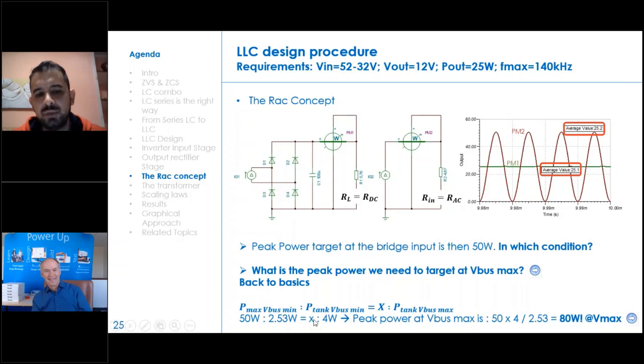So by simply using a proportion, you get that the peak power you need to target here at maximum bus is 80 watts. So 50 watts peak power, minimum bus, 80 watts peak power, maximum bus. Why it is important to do that? We will see it soon.